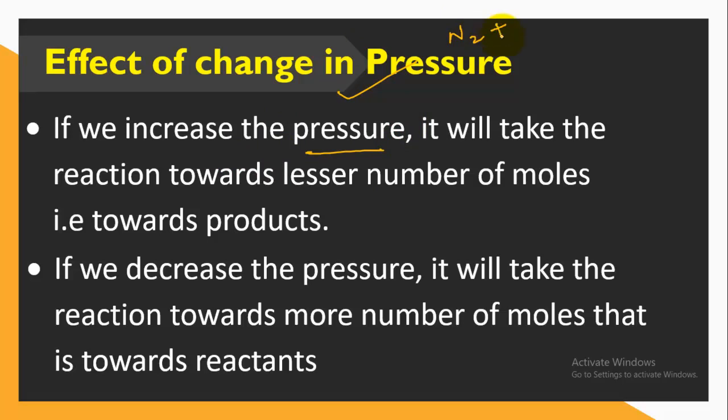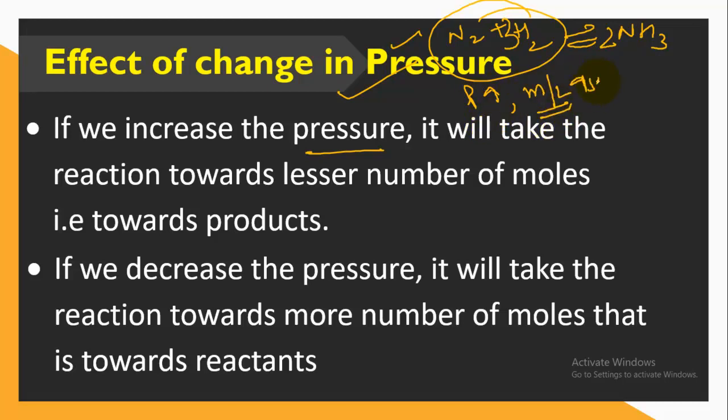Let's say we have the reaction like this. Let's say this is ammonia. So let us balance it. Now it becomes balanced. If we increase the pressure on the left hand side, that means moles per liter on the left hand side will increase.